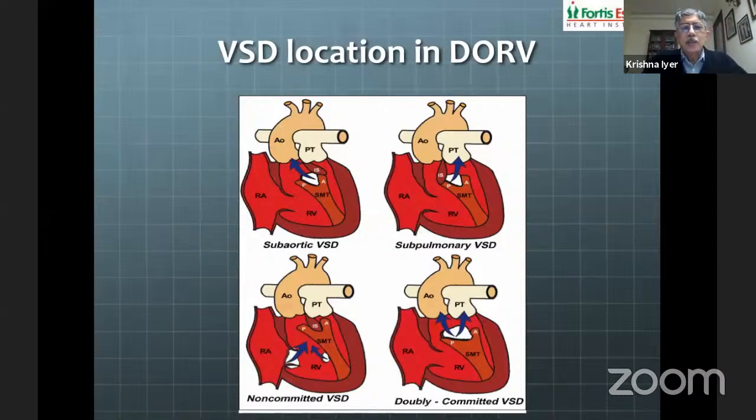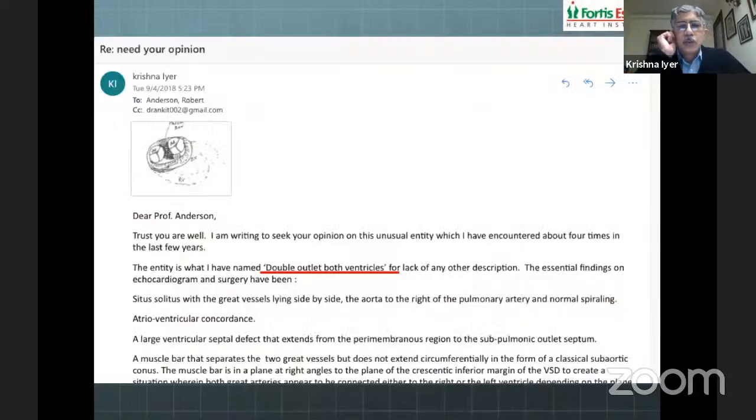At that time, I happened to mention to him that I had seen a couple of cases where the outlet septum was not really fibrous, but was muscular. And the ventricular septal defect did appear to be committed to both ventricles. He said it was possible and suggested that I look into it more closely if I got more cases. Sure enough, in the next couple of months, I had another case which intrigued me.